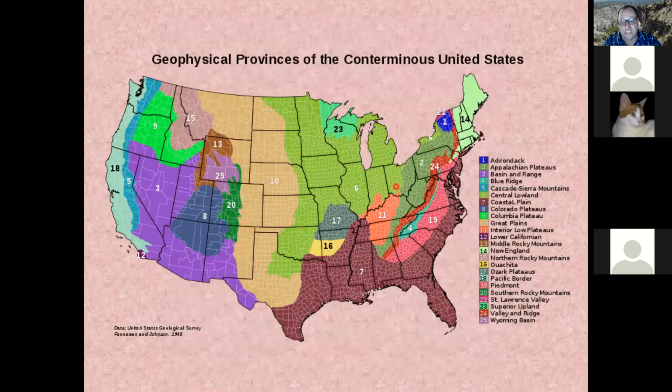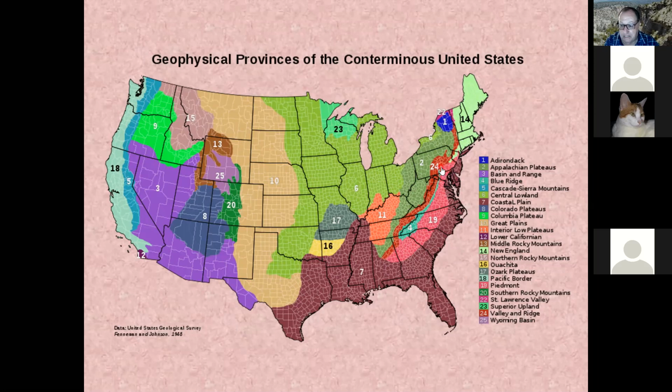So the geophysical provinces of the United States, I'm obviously not going to read these to you, but we can break the country into physiographic provinces based on elevation, landforms, rock types, vegetation. For example, where we are in southeast Pennsylvania, I'm in the Piedmont area.